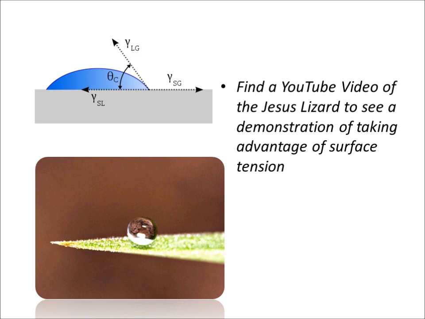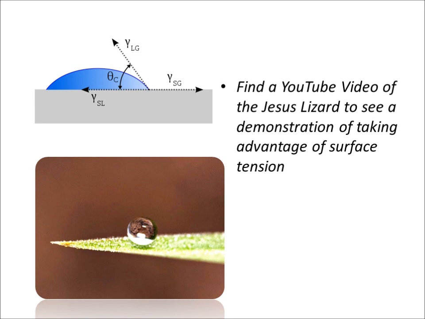In the illustration below, you see water in a bead, almost a perfect sphere. That's because the water molecules are drawing together on a surface that is, say, a waxy leaf surface that repels water to such a point that we end up with a sphere rather than a film of water. This can work when the volumes and masses of water are very small, like a drop of dew on a leaf surface.